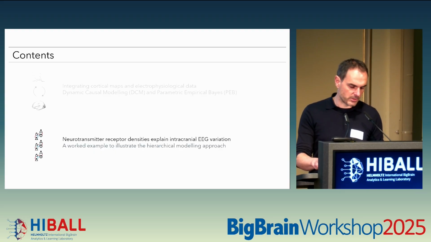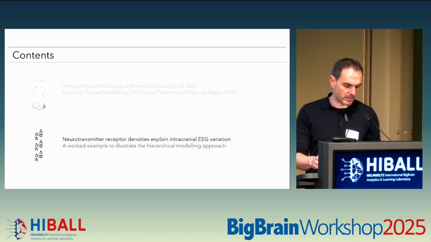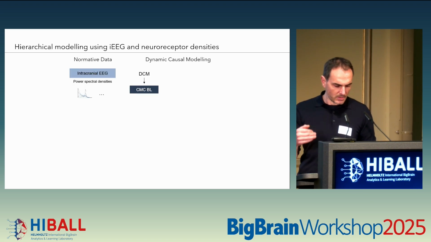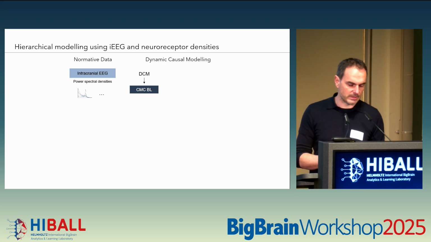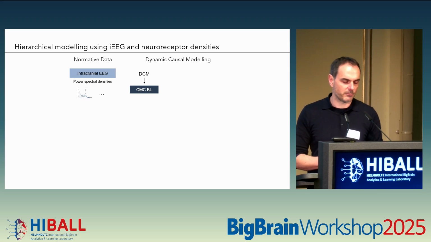Just coming to the illustration of the approach using neuroreceptor densities and intracranial EEG. Similar to what I described previously in the outline, we used intracranial EEG, which comes from the Frauscher normative atlas.